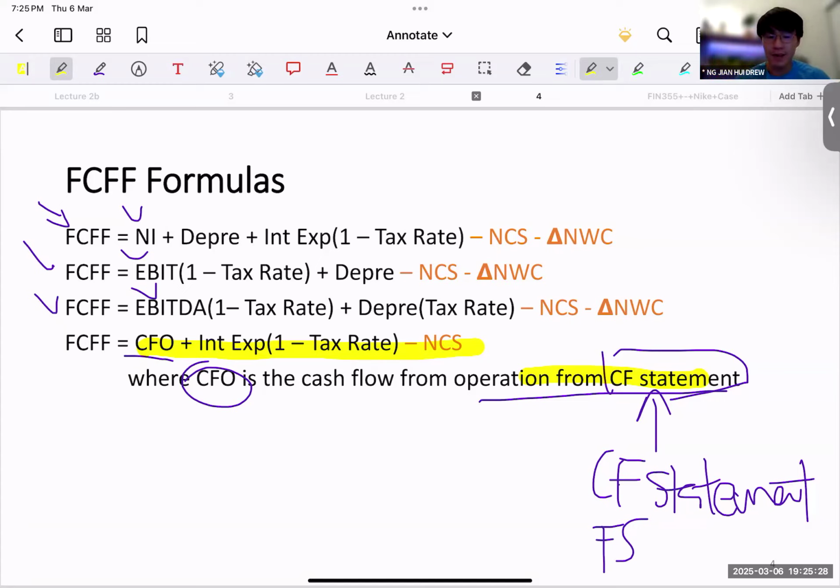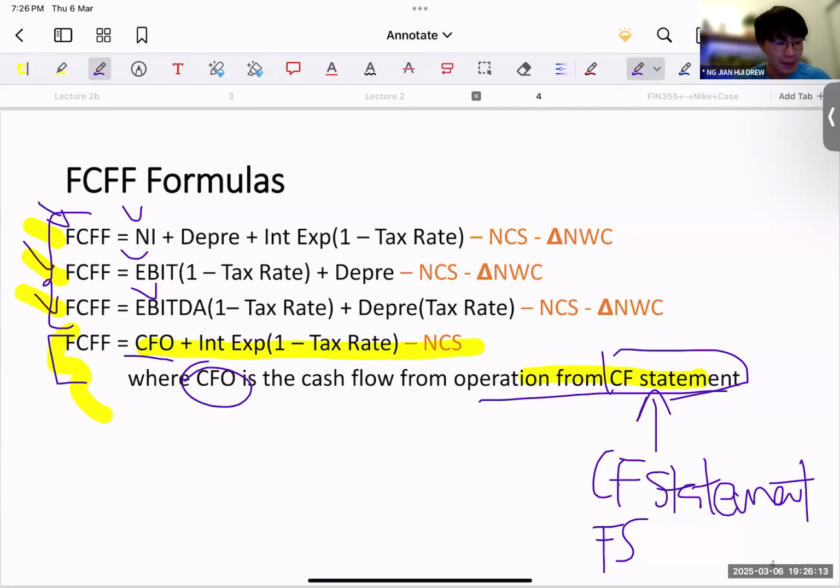Because of that, your cash flow from operations derived from the cash flow statement might not give the same answer as this one, or this one. So put it simply, if you are looking at a financial statement, try to use these three methods here. These three methods generally will not give you any issues. In fact, they should be equal to each other. And this method is just a separate method that you can use.